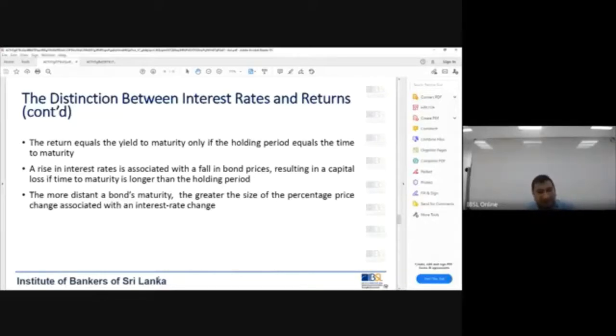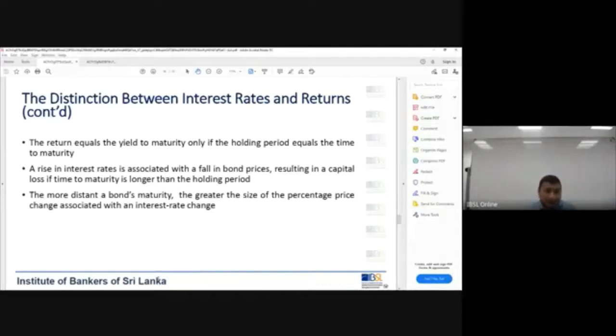But what is interesting here is what actually happens underneath those concepts in the financial markets. That understanding is very important. Then you see the distinction between interest rates and return.